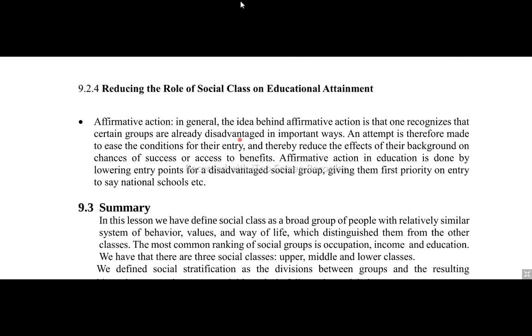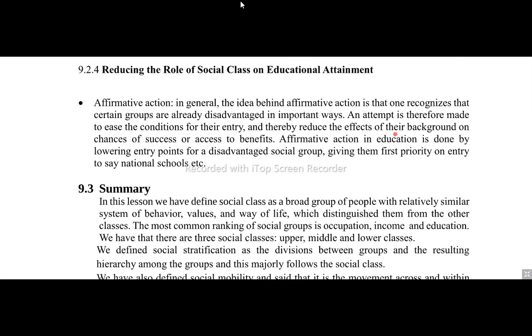In general, the idea behind affirmative action is that one recognizes that certain groups are already disadvantaged in important ways. An attempt is therefore made to ease the condition of their entry and thereby reduce the effects of their background on chances of success or access to benefits.